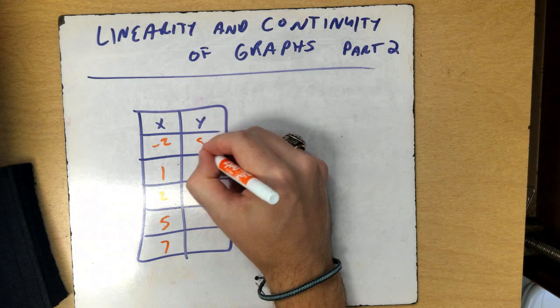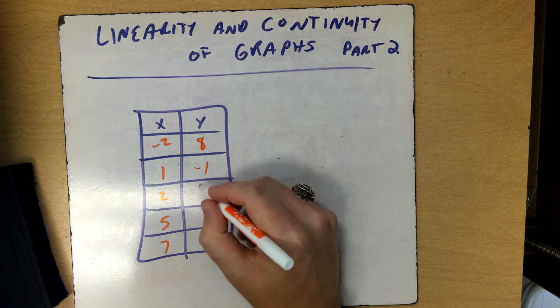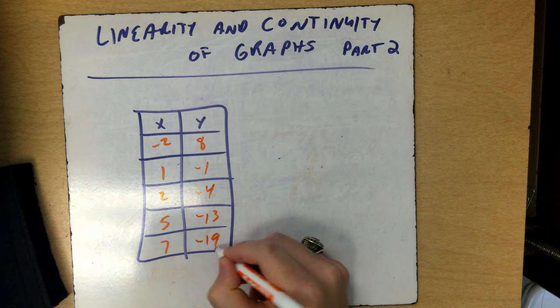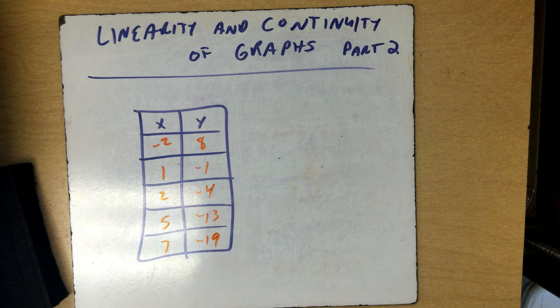And here we have 8, -1, -4, -13, -19. So here are our points.